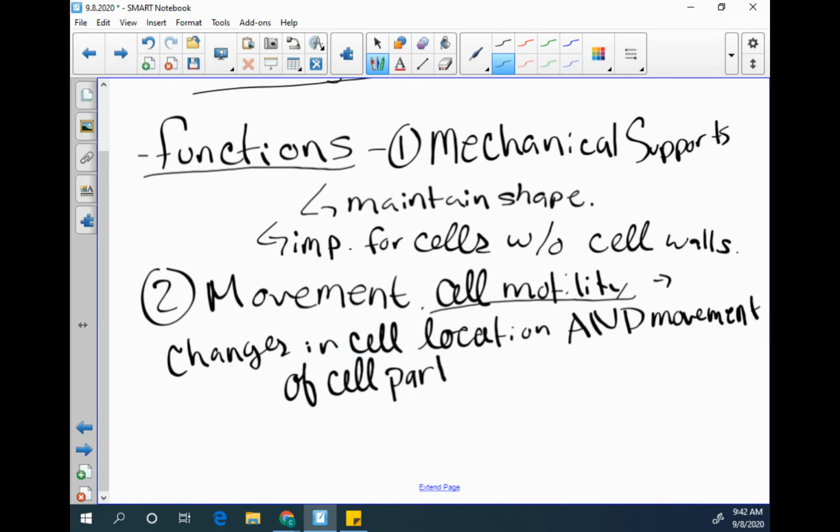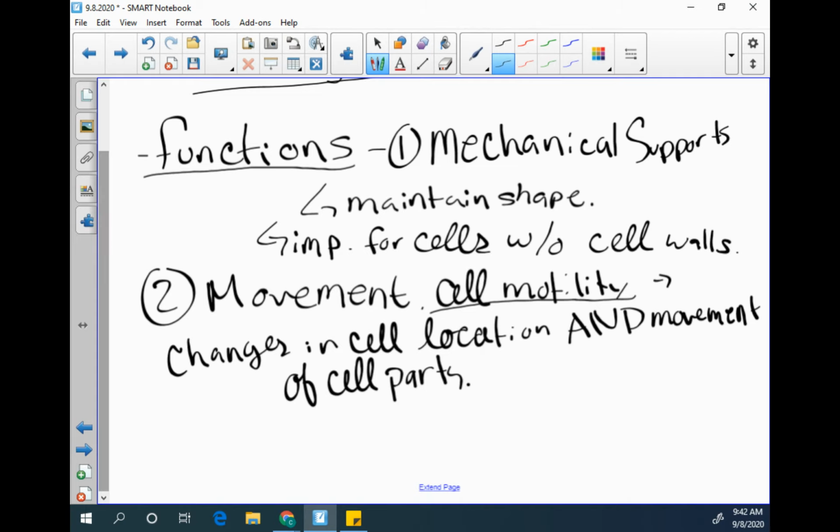So when we talk about cell motility, not only does that mean actual cells moving around their environment, but also the things that move around within the cells. So we talked about mitochondria being dynamic and being able to move around. That is in part thanks to the cytoskeleton.